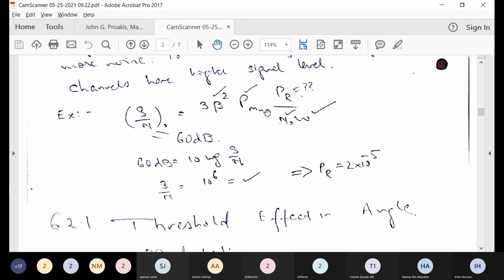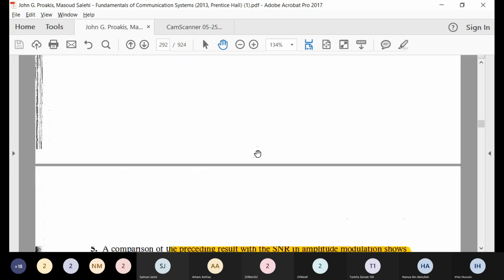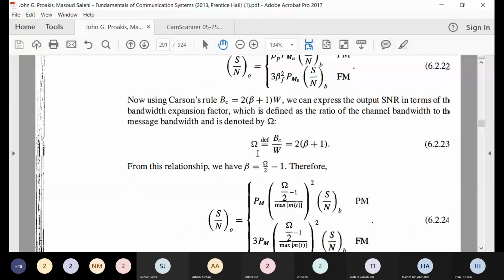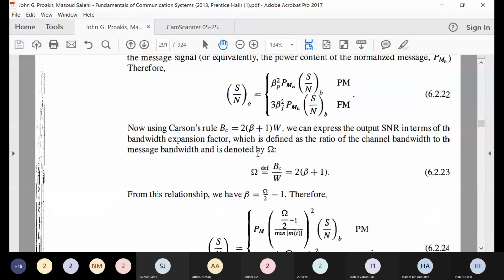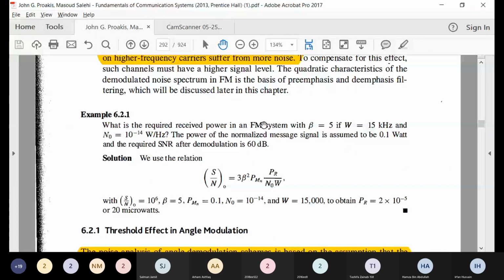So we have this relationship, which was actually derived earlier, for FM. In FM system, we have this relationship.